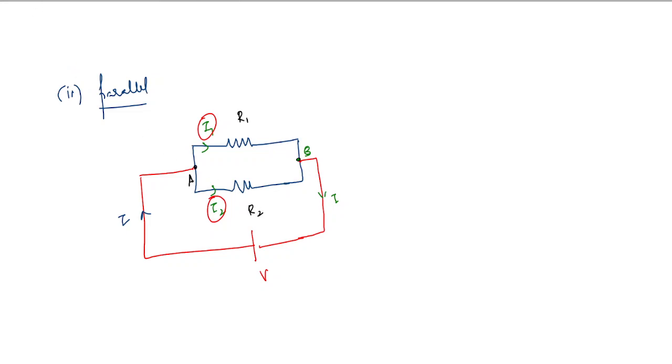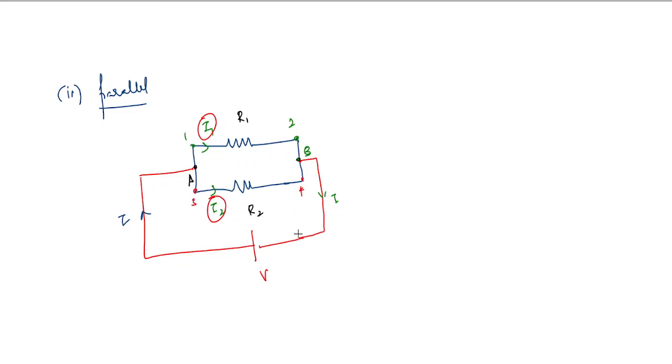In terms of voltage, the voltage drop across each resistor will remain the same. That is, the drop across this resistor, across points 1 and 2, and the drop across resistor R2, which would be these two points, let us call the points 3 and 4.